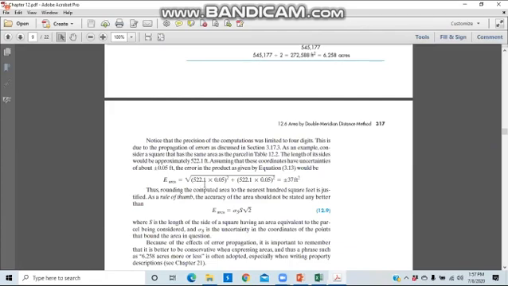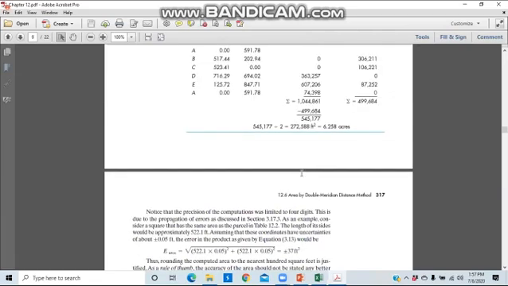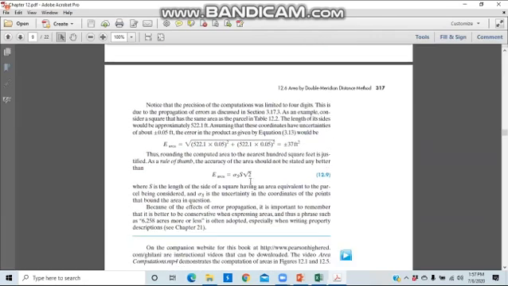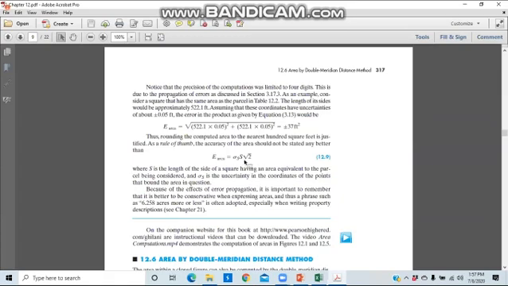You will use the same formula and the answer is plus minus 37 feet square. That is the possibility of error in this whole area of this traverse. Or you can use this formula to calculate the error, which we also studied somewhere in the third or fourth chapter.